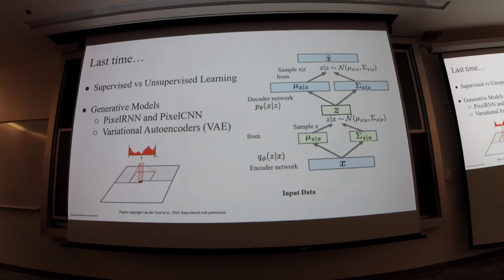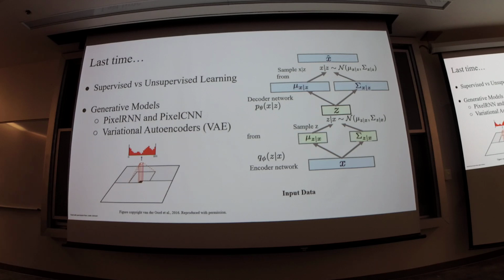Unsupervised learning is when we only have the raw data and no additional information, but we still want to learn some kind of structure from the data itself. Then we talked about generative models, the very early ones like pixel RNN and pixel CNN. And last time we talked about variational autoencoders, right?